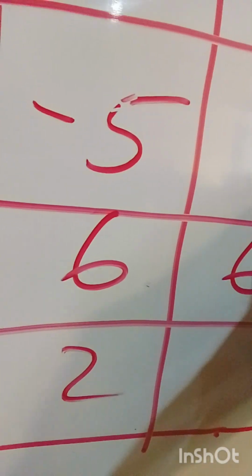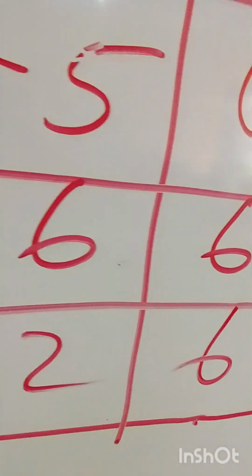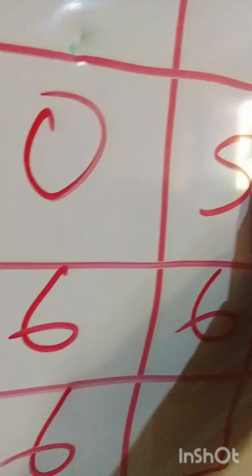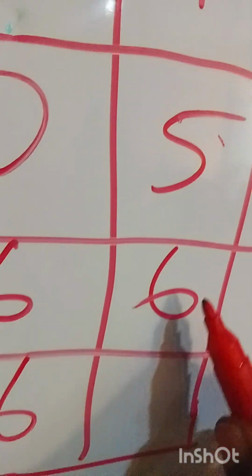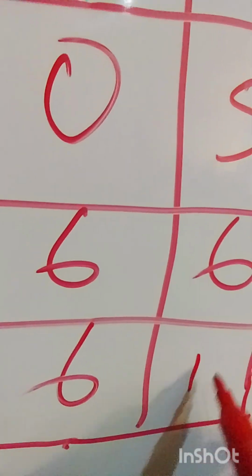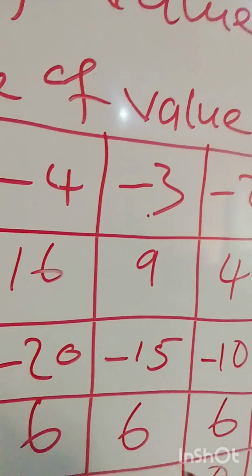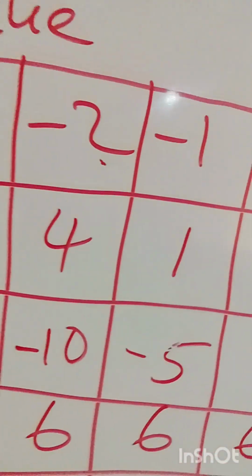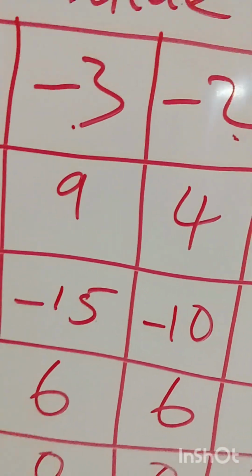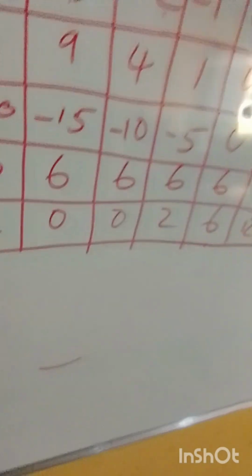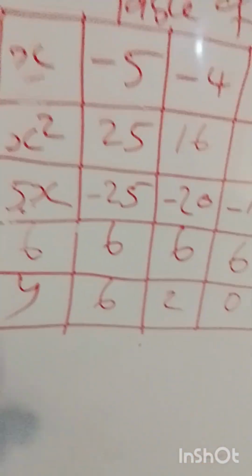0 plus 0, 0 plus 6, 6. 1 plus 5, 6. 6 plus 6, 12. Now we have gotten our table of value. Now in solving quadratic equations using the graphic method, the harder part of it is this one that we have just done.